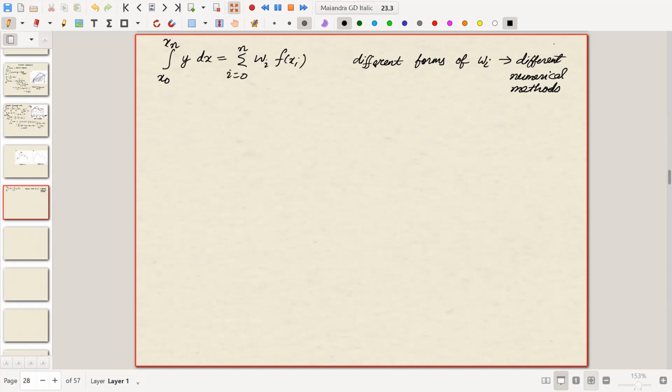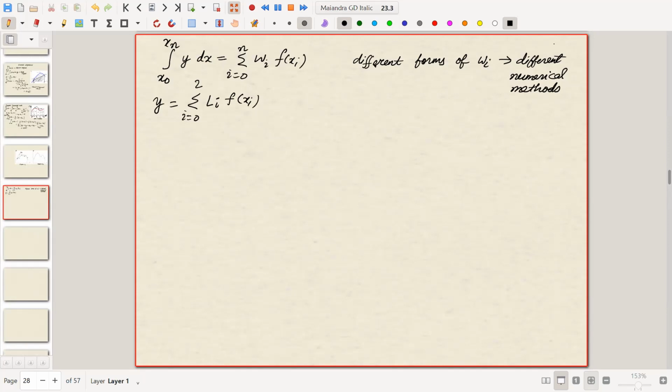Same concept: y equals sigma, and how many cases do you need to go? i equals 0 to 2: 0, 1, 2. You have 3 points, x0, x1, x2, and you will have f(x0), f(x1), f(x2), and you will be knowing L0, L1, and L2.